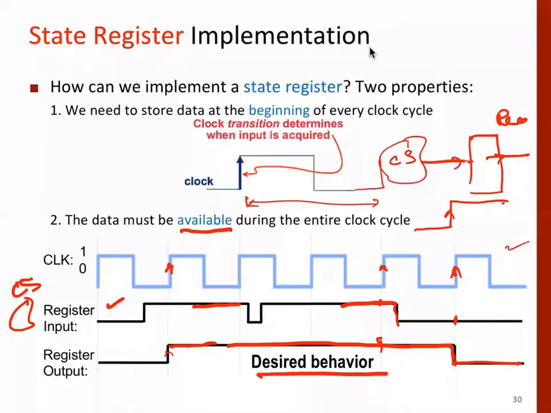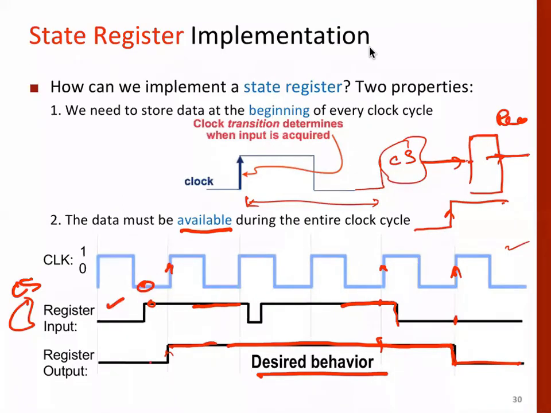So I'm repeating. Let's assume that at this point the register input is something. The output remains the same as whatever was in the previous state.